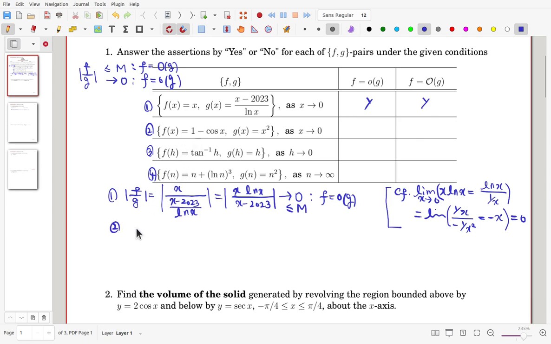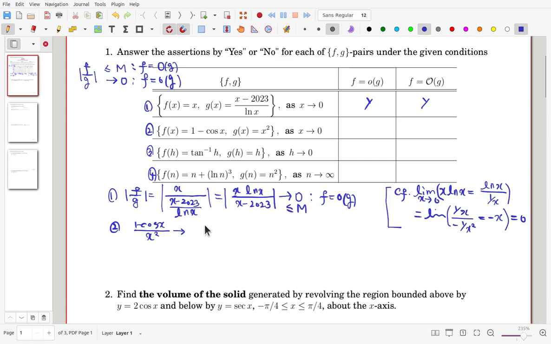For the fraction, we write 1 minus cosine x divided by x squared. Once x approaches 0, the top approaches 0, and the bottom approaches 0, so the limit can be computed by using L'Hopital's rule.